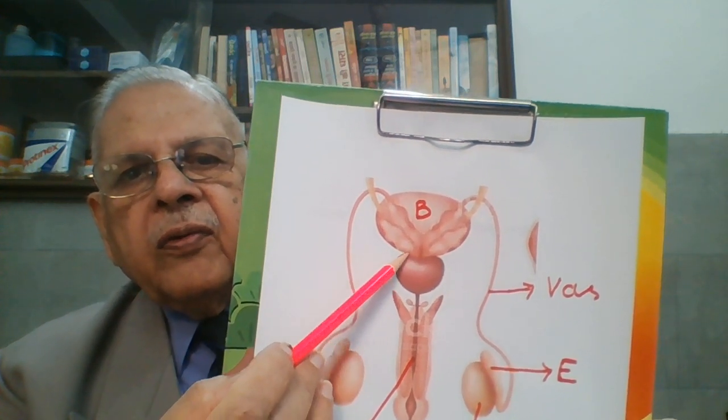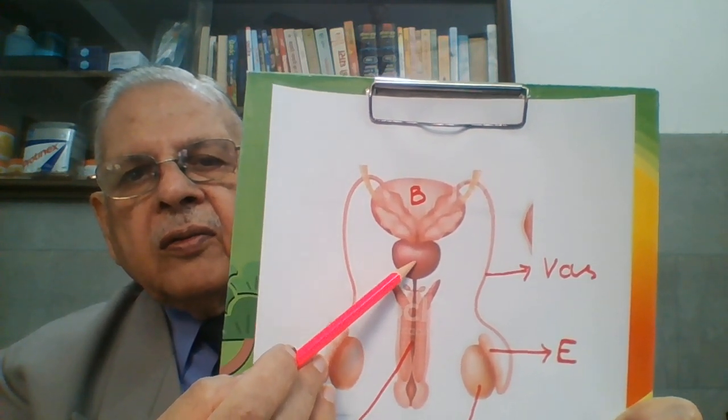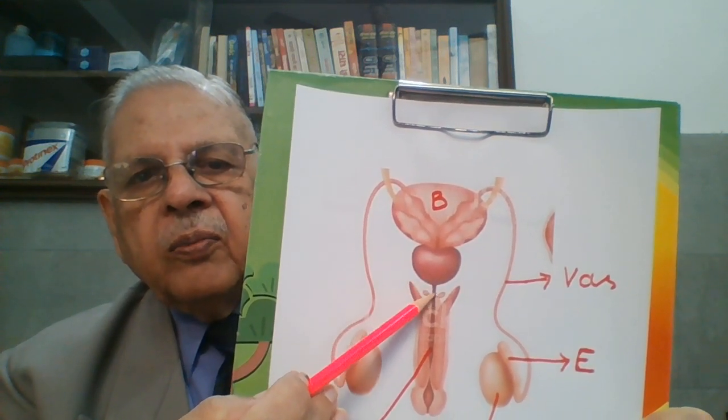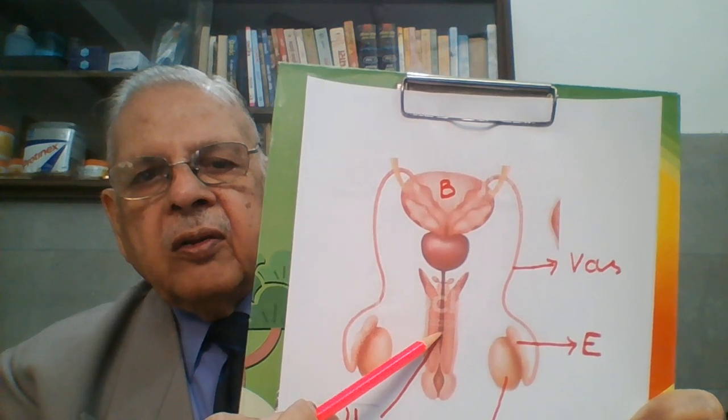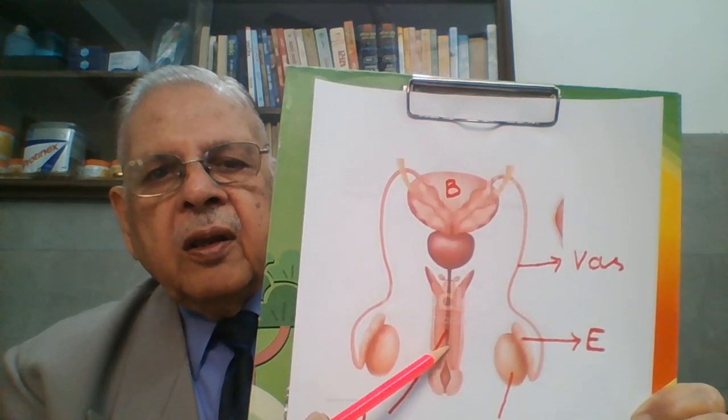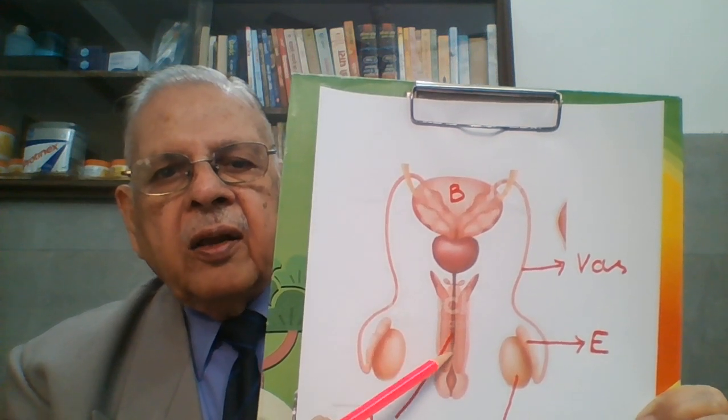Now from the urinary bladder, this is the prostate and this is the urethra through which you pass your urine, and it is a common tube for your semen as well as for urine, and then it goes out of the body.